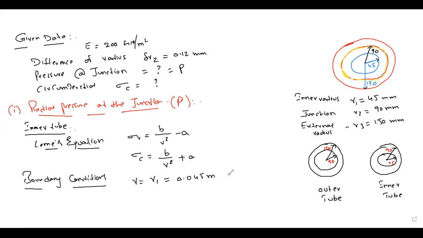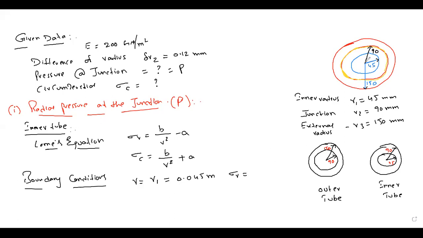And what is the pressure at this point? What is the radial stress at this point? At R is equal to R1, is there pressure? P1, sir? Will there be any radial pressure inside? There is no internal pressure acting in the cylinder, so how can you get a radial pressure inside?